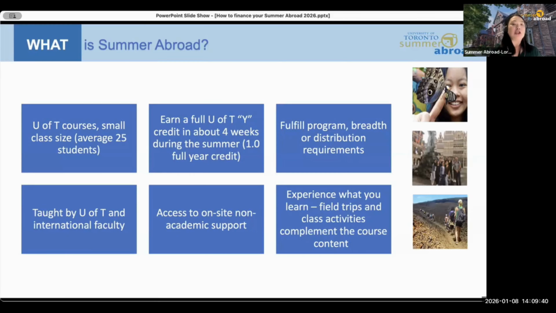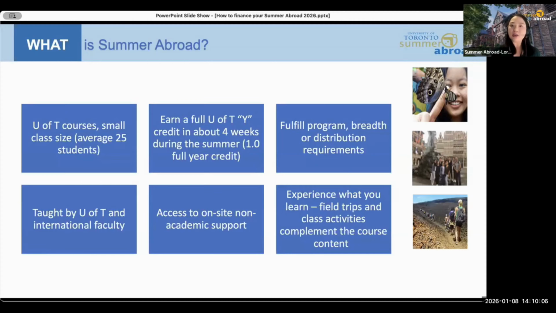So you're really in an intense environment where you're truly immersed in a specific topic. You have an opportunity to be with award-winning, excellent UofT profs, UofT faculty, and international experts, and you're able to engage fully in one course over that condensed period.